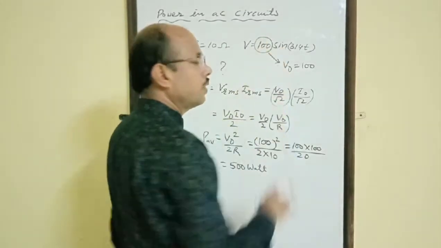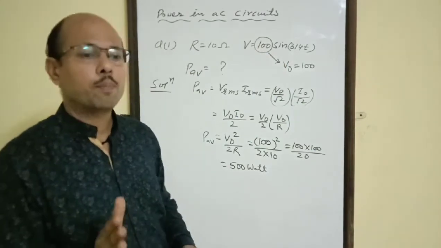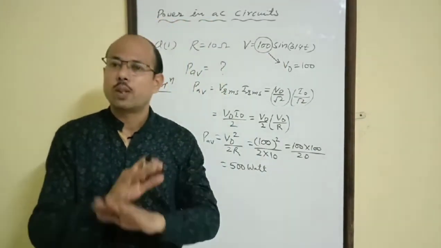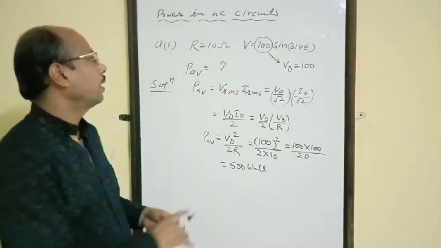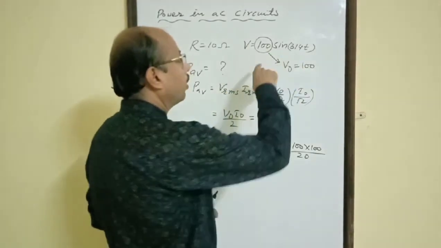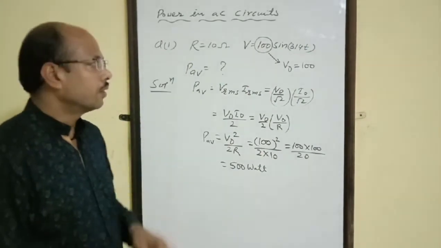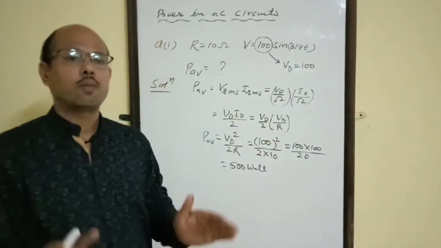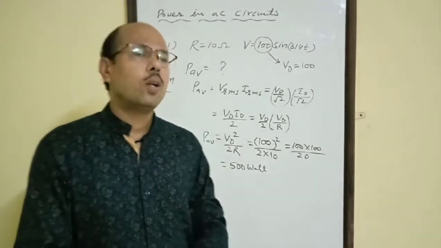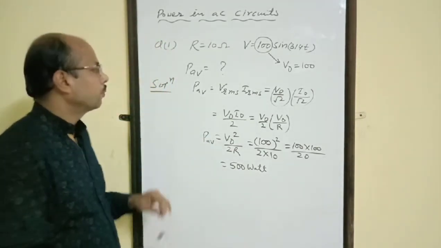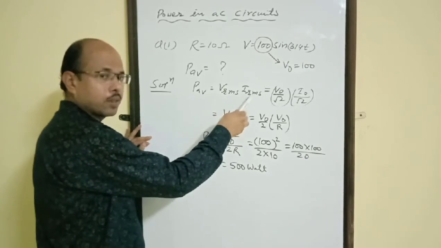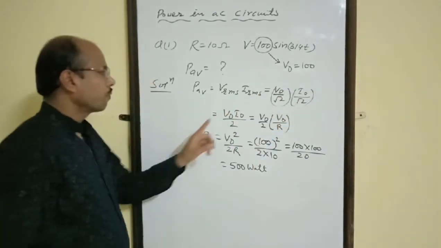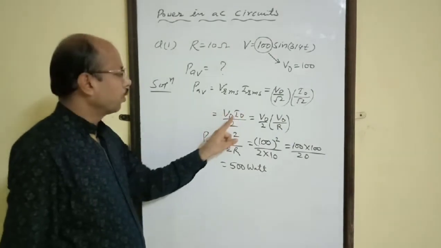In the case of DC, directly we can use the formula P equals V square by R, because in that case the value of voltage is constant. But in an alternating circuit, the value of voltage is variable. Therefore, either we use the formula in the form of RMS value or in the form of peak value. Here it is Vrms Irms, which is V naught by root 2 times I naught by root 2, that is V naught I naught by 2.